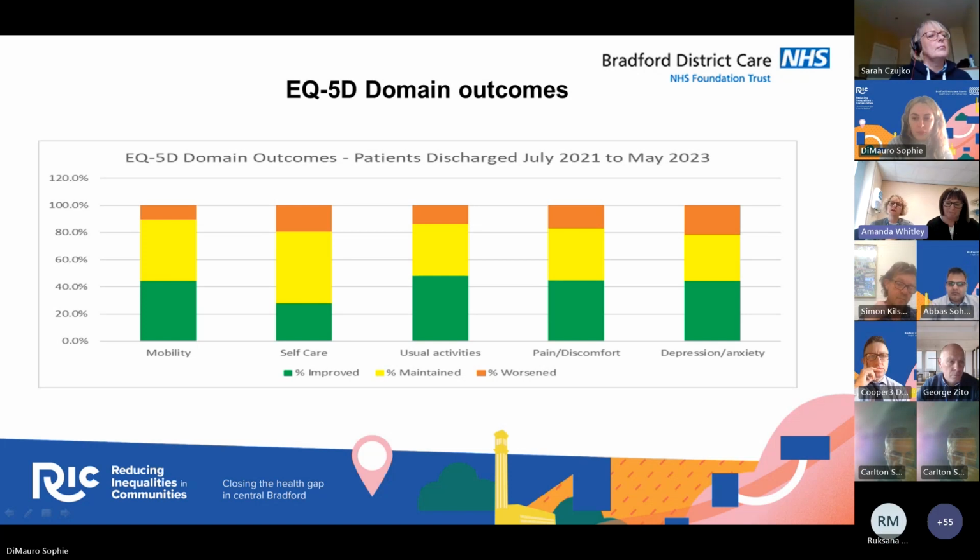Often for patients who are in the proactive care caseload, maintenance is a win, really, because you've not had further deterioration. And where some elements have worsened, it's obvious patients are palliative and they're going to deteriorate and they've got long-term conditions, so we'd expect that deterioration. I suppose what that doesn't capture is that they've got better support mechanisms around them.